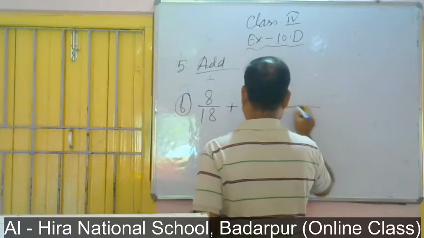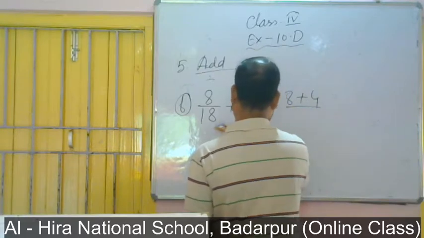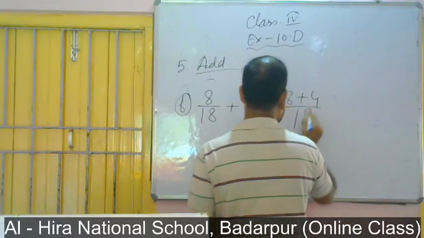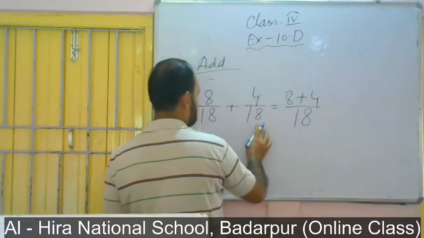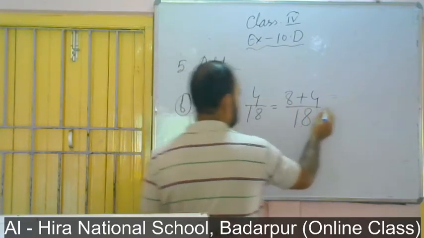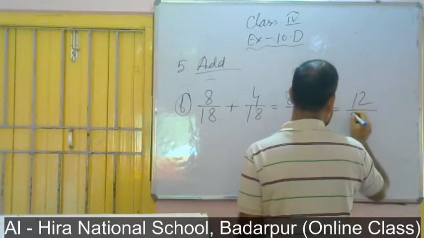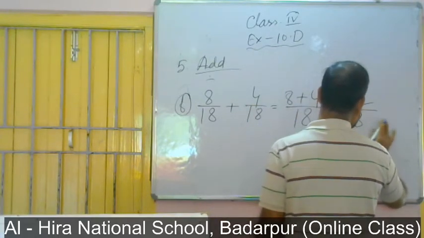Here 8 plus 4, the common denominator is 18. 18 is the denominator, and 8 plus 4 is equal to 12. So 12 by 18.